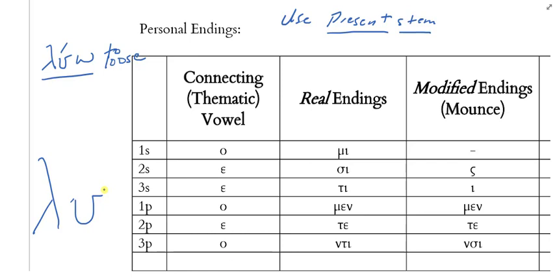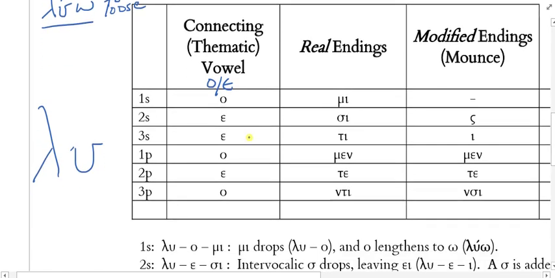We have, first of all, after we have our present stem for our present active indicative tense, we're going to have connecting vowels. There are two possible connecting vowels in the Greek language, omicron or epsilon. But they're going to come between the present stem and the personal ending. All right? There is a rule for when you use which one. And the rule is basically this.